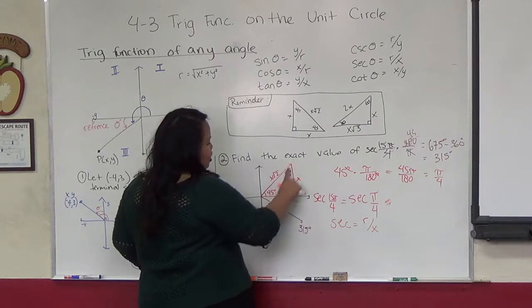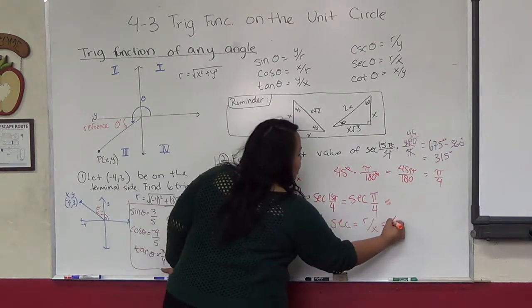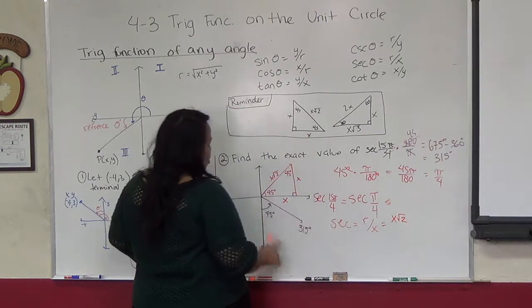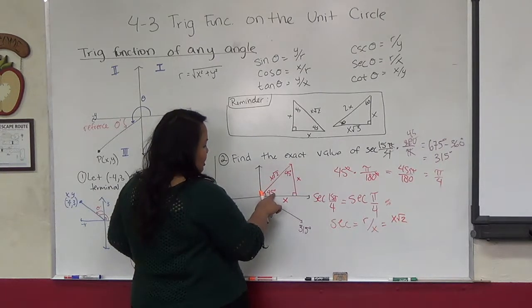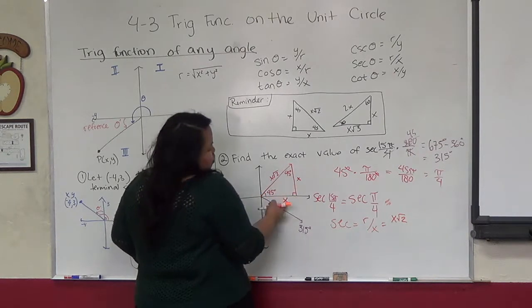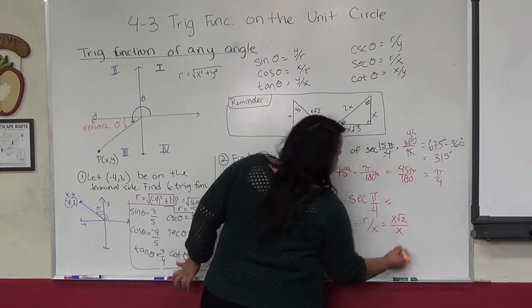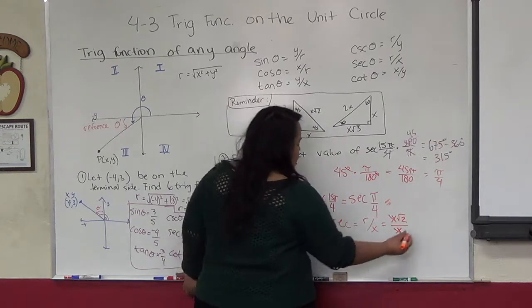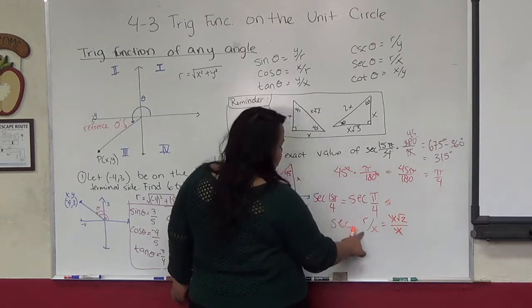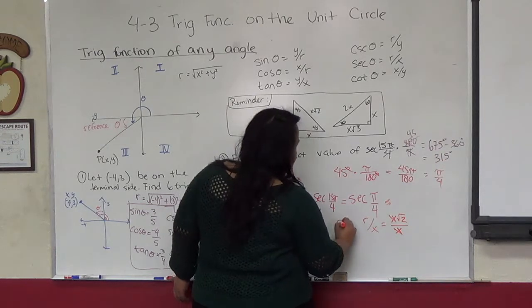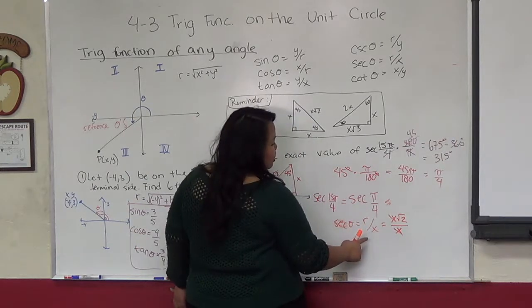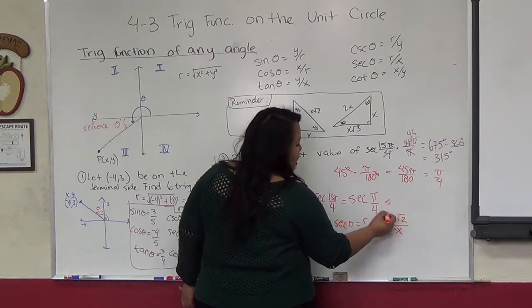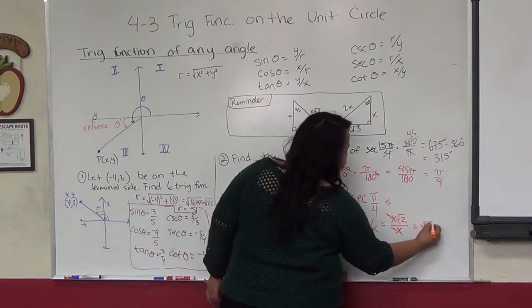So r, the radius, equals x root 2, and the x values are the same, so this is x. Secant theta equals r over x. So the x cancels out, and I end up with just root 2.